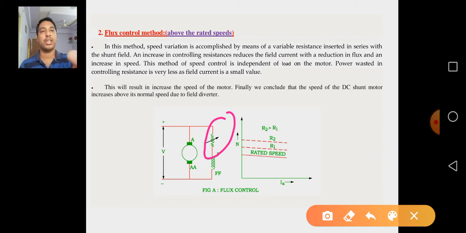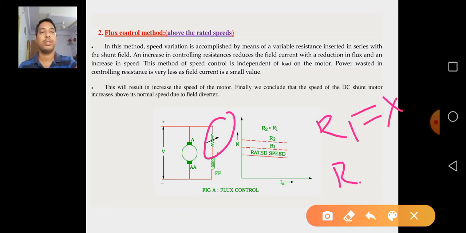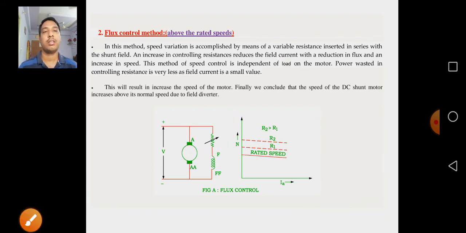So if we go on increasing the resistance by changing the field rheostat, R1 is equal to some X value and R2 is equal to X plus 1, so R2 is greater than R1 here. Like that, we take different values of resistance across the field winding, changing the field resistance of the DC motor.